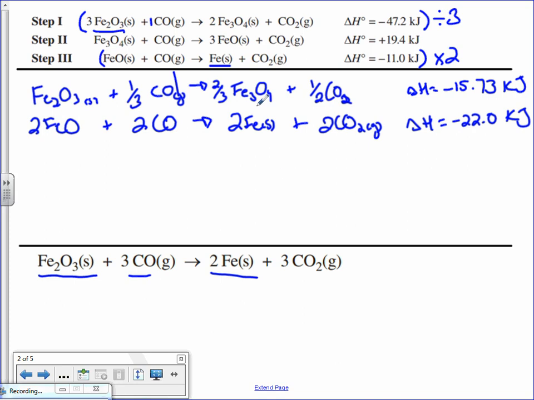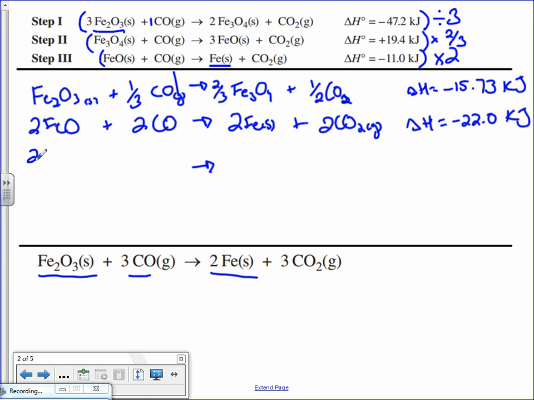So I know I need to cancel that out eventually. So we're going to do that. Here I have 2/3 of them. I have to have the same number on both sides of the arrow to cancel it out. In this equation, I have 1 of them. So I'm going to times this by 2/3. And you'll see at the end, I promise it'll all work out.